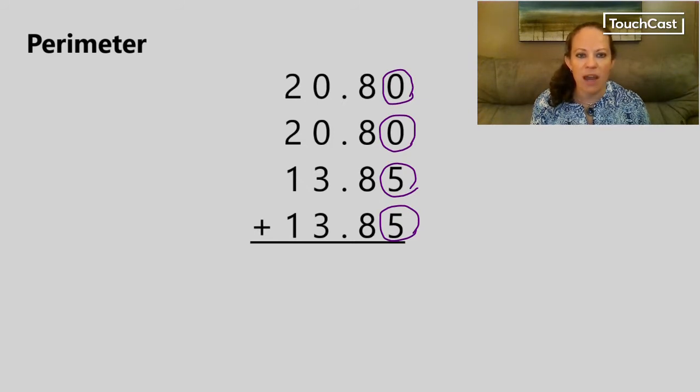And when I go ahead and add all of these up, I'm reading right to left. Got a little confused there. So I will get 69.30 centimeters as my perimeter.